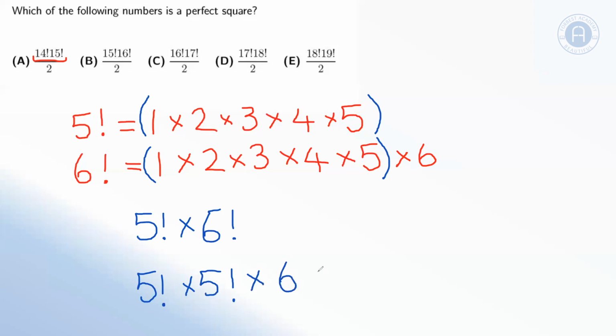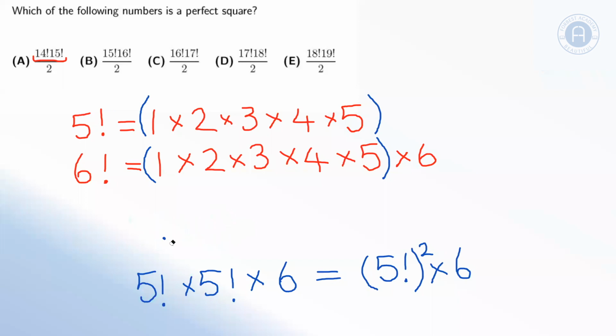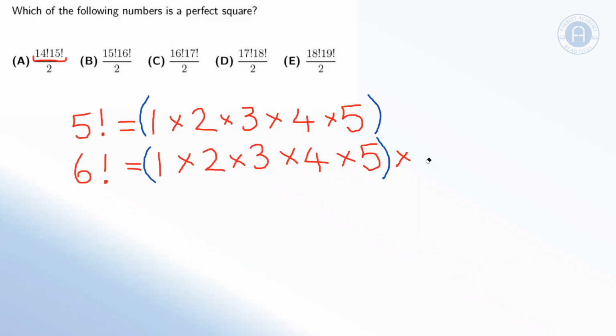Or if we want to put it another way, 5 factorial squared multiplied by 6. So straight away, we've got a link between these factorials and our square numbers. So we're going to apply this concept now to all of our different answers and see if we can find one that's going to give us a perfect square.